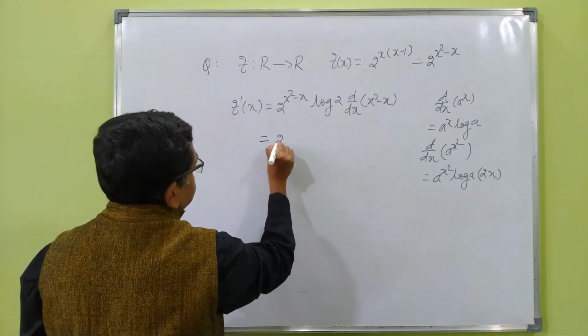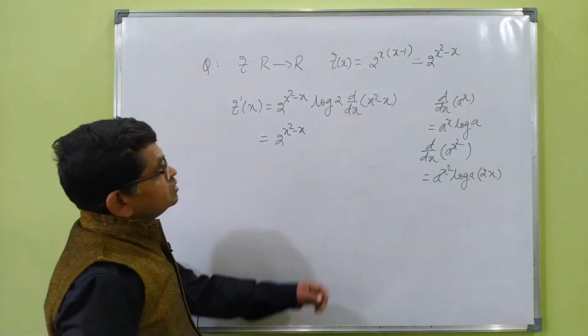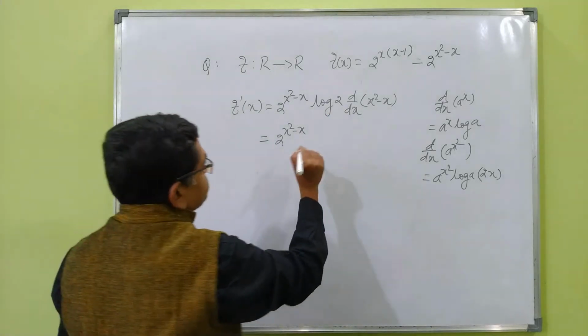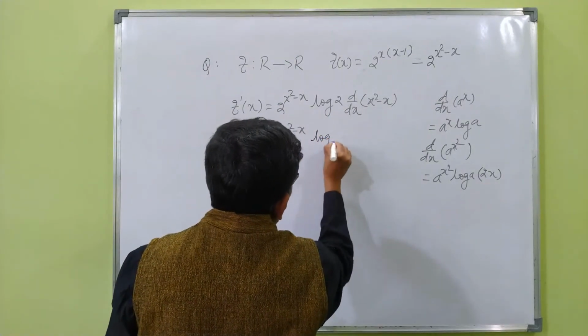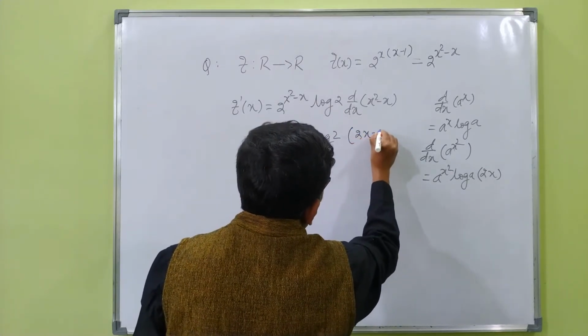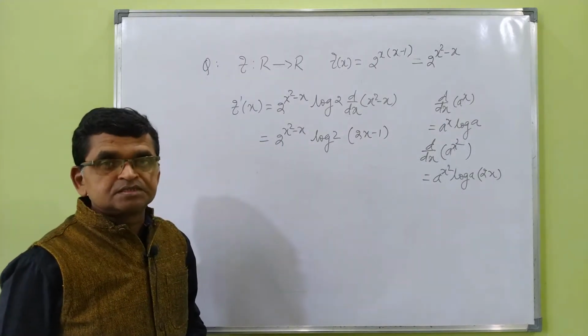That is 2 to the power x squared minus x, or you can write x into x minus 1 only, log 2 into 2x minus 1. This is f'(x).